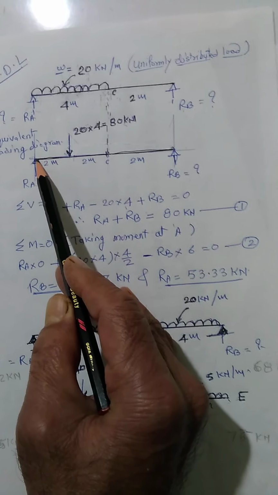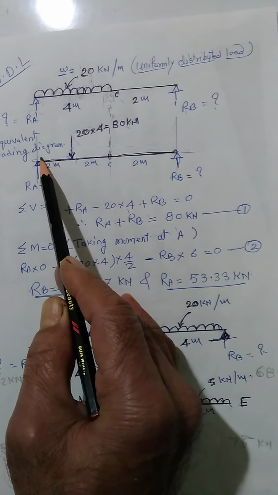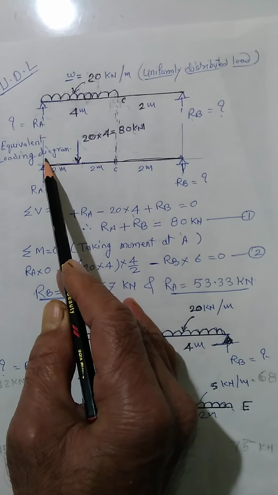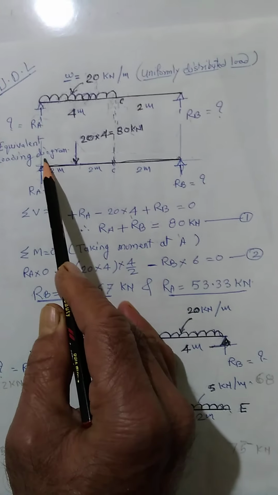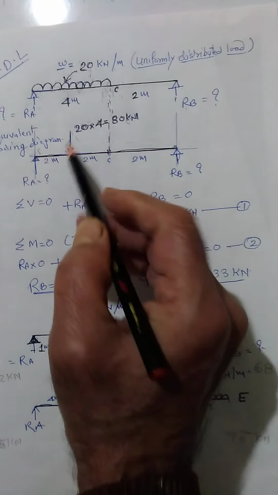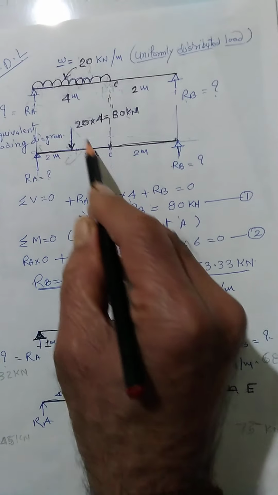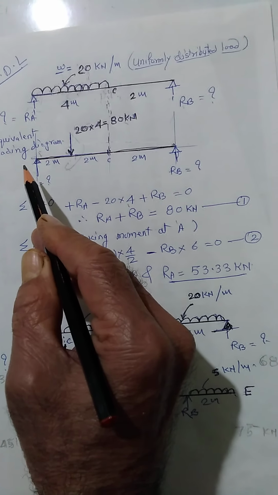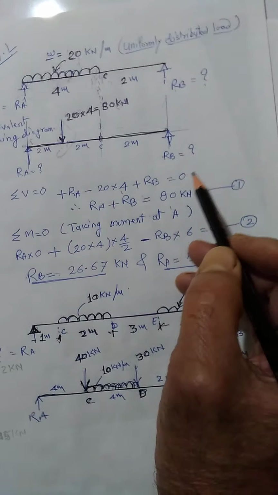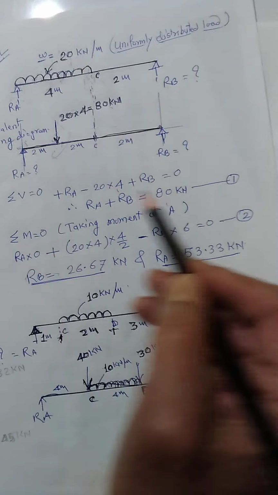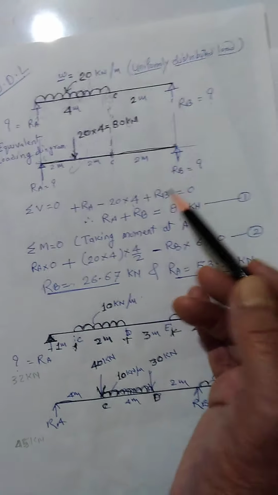Take the moment at this point, make sigma M equal to 0. Then Ra into 0, and 20 into 4, that is 80 into 2, clockwise, and Rb into 6, anti-clockwise, equal to 0.